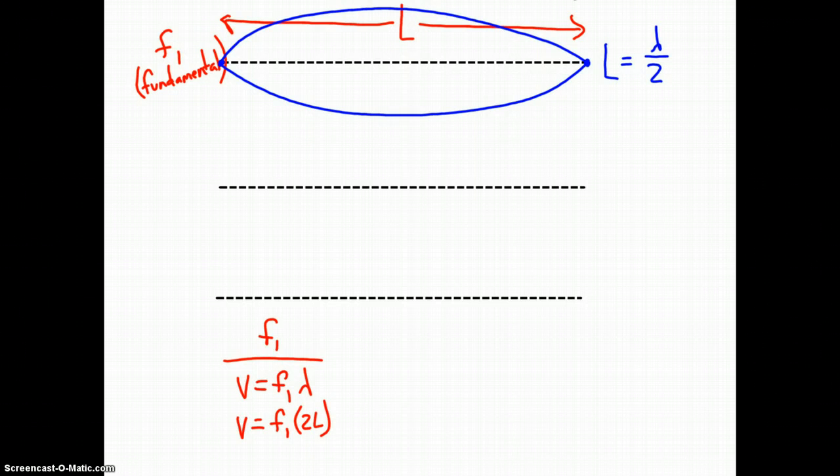That is a relationship shown with a wave equation between the speed, the frequency, the wavelength, and the length of the string. All right?